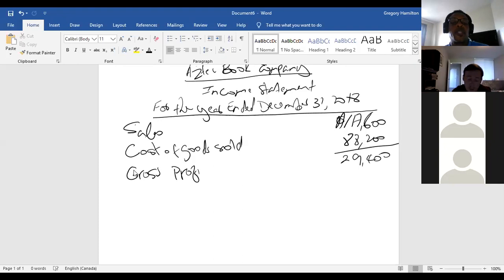Gross profit. Yeah, so this would represent gross profit. Remember, net profit is the last thing we produce in our income statement. Net profit, net income, same thing, the same thing that we refer to as earnings available to common shareholders. Okay, so we now have our gross profit from which we will take what?